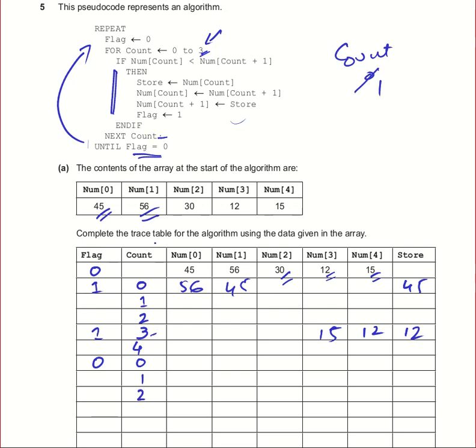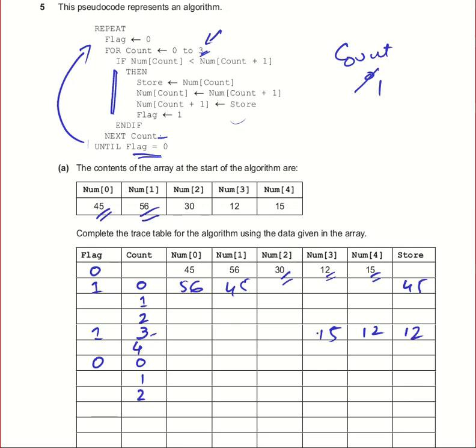This becomes 2, goes back, checks whether the value has exceeded the final value. No, again jump inside this for loop, check the value of num count, compare the value of num count with num count plus 1. So count is 2, that means num2 will be compared with num3.